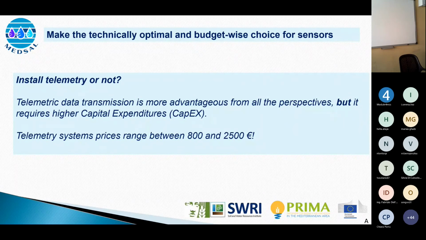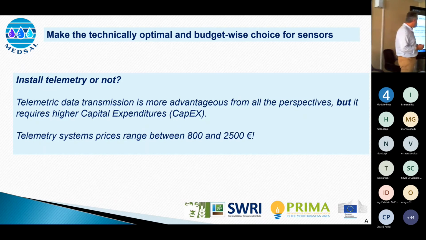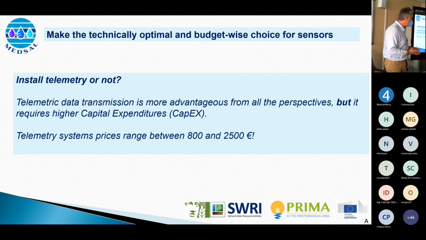And this cost is twofold. One is the capital expense, because the telemetry system prices range between 800 euros and 2,500 euros, depending on what you select and what it can do. And also you have an operational cost, which again can vary significantly from a few euros to lots of euros.